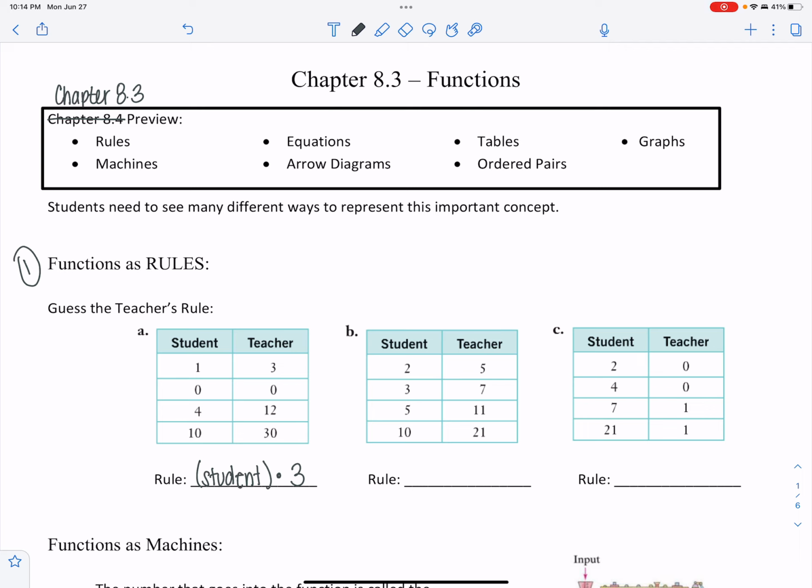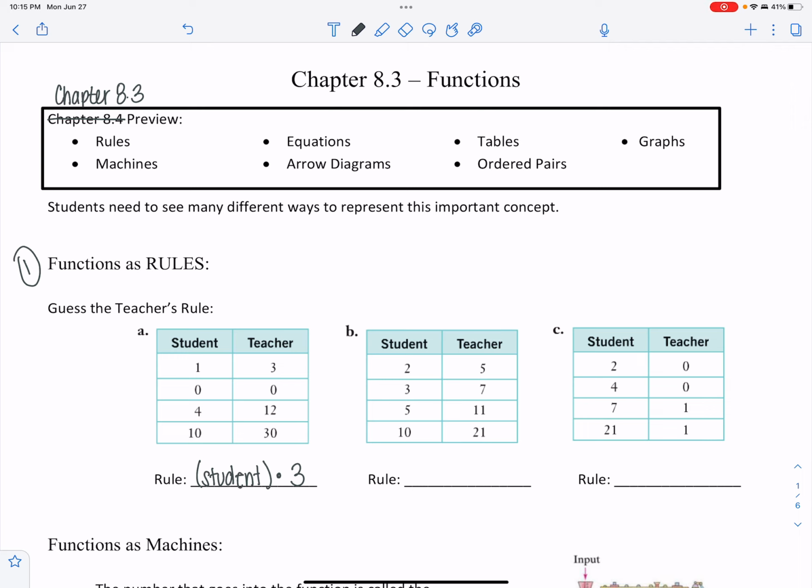Okay, here's the next one. Student says 2, teacher says 5. Student says 3, teacher says 7. Student says 5, teacher says 11. Student says 10, teacher says 21. And so what is the rule?